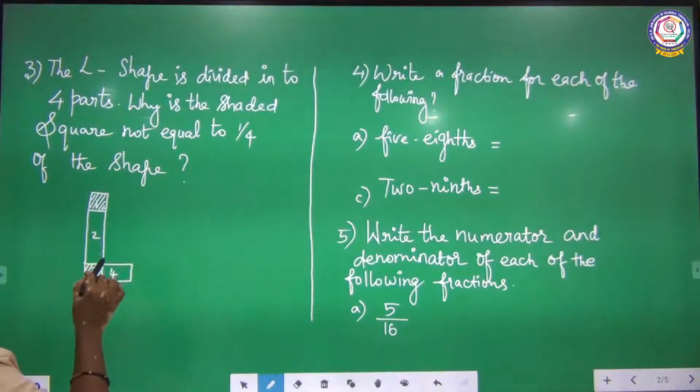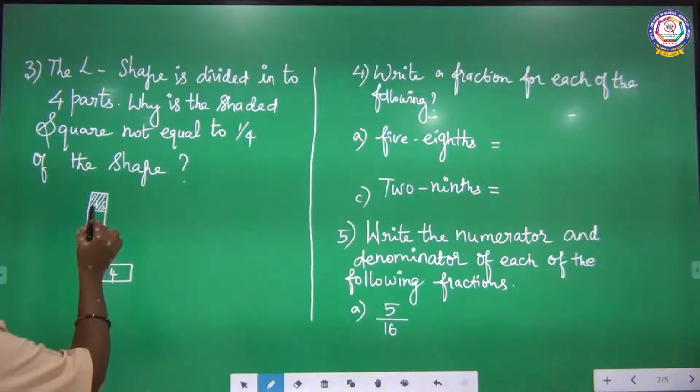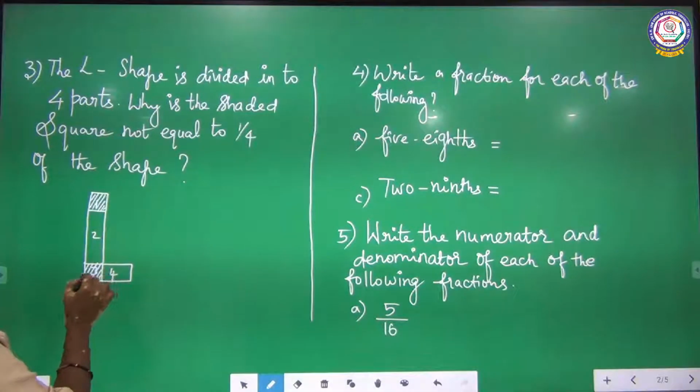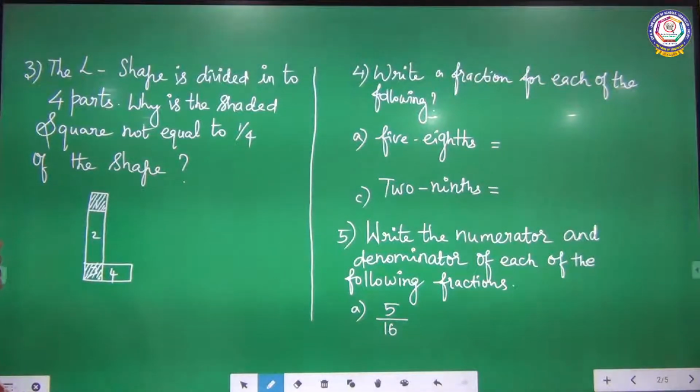Why is the shaded square not equal to 1 by 4? What is the reason? See the shape. Whether the shape is divided into 4 equal parts? No. See, compare this: 1, 3, 4 are a little bit okay. But see the second one. It does not come under equal parts.